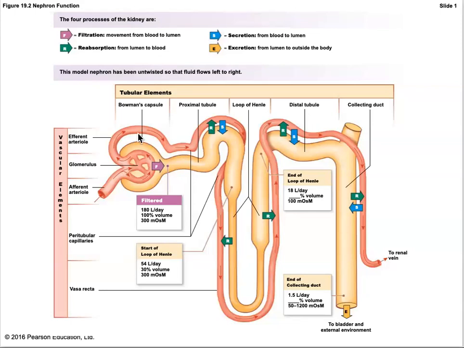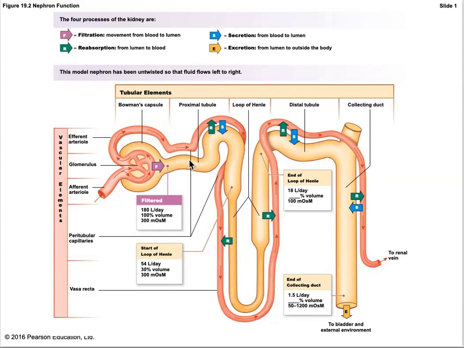Going back to this image, you see that filtration is a process that only happens within the Bowman's capsule, so within the renal corpuscle, across this filtration membrane. Once the fluid has entered into the tubular lumen, it can either be reabsorbed or it can continue and end up in the collecting duct.